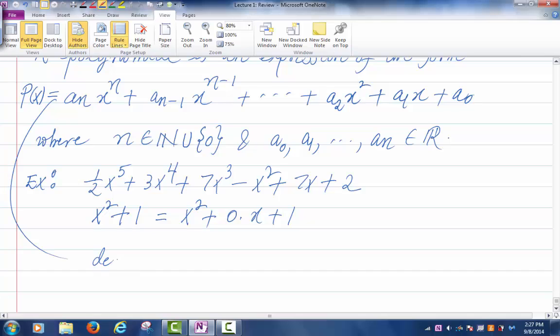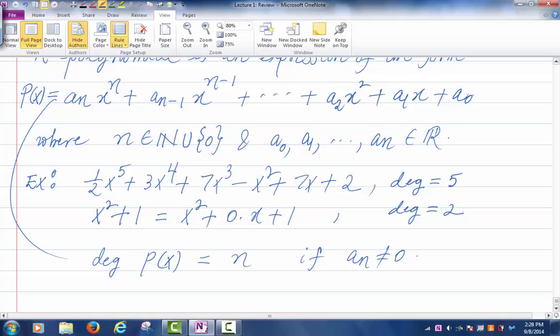Then the degree of this polynomial p is n, as long as an is not 0, of course, right? So it's the largest exponent that appears in the polynomial. For example, what's the degree of this polynomial here? The degree of this guy is 5. The degree of this guy is 2.